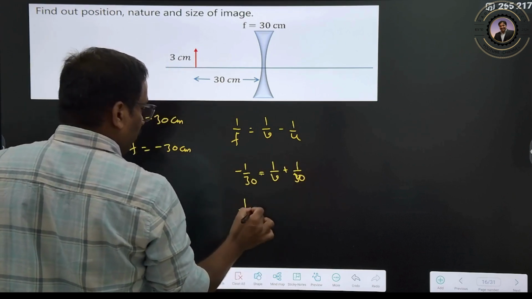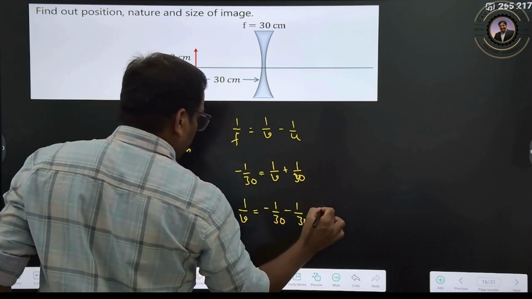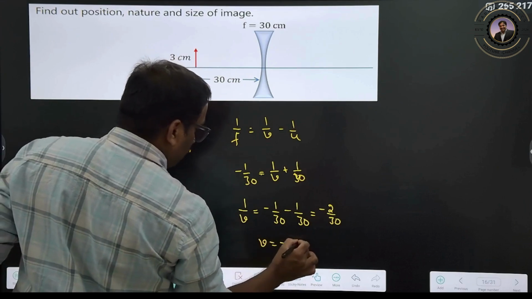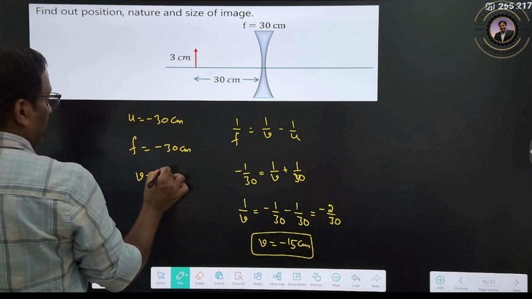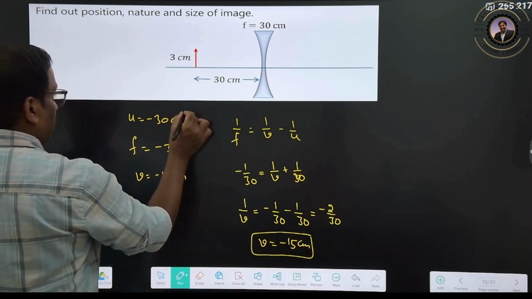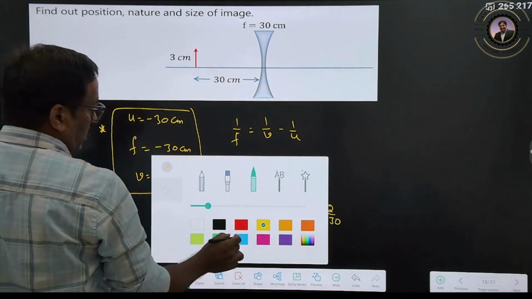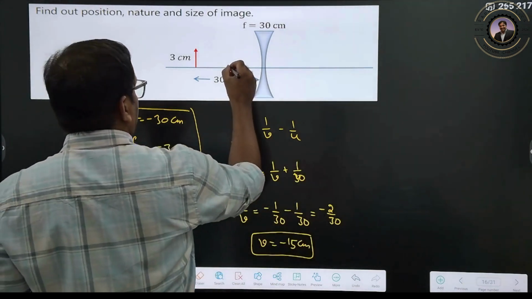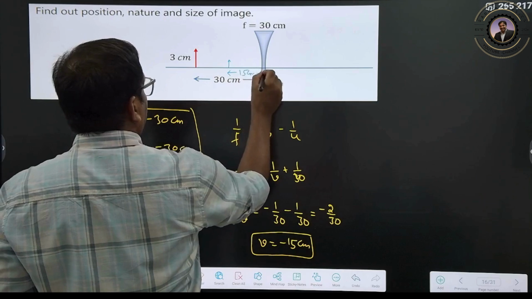Taking it here, 1 by v is equal to minus 1 by 30 minus 1 by 30, minus 2 by 30. So v is equal to minus 15 centimeter. So what we got now is v, minus 15 centimeter. Now this is your image distance, clear? That means the image will be created here. This is your 15 centimeter, clear?